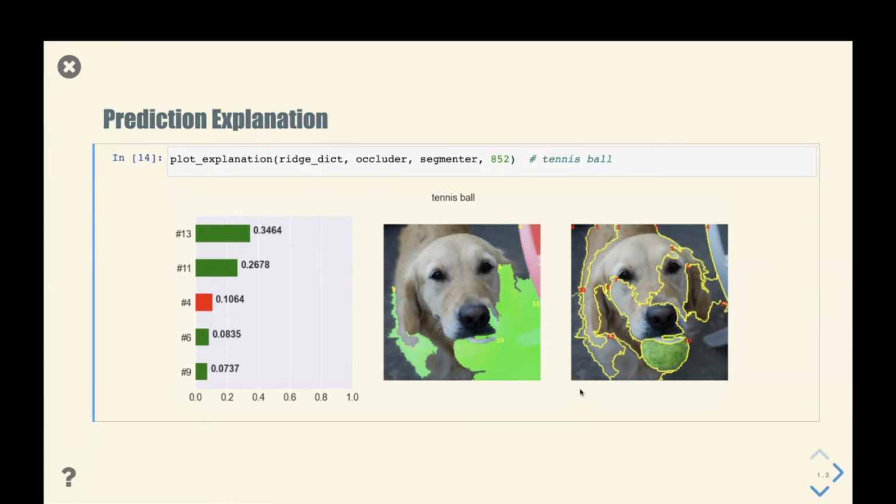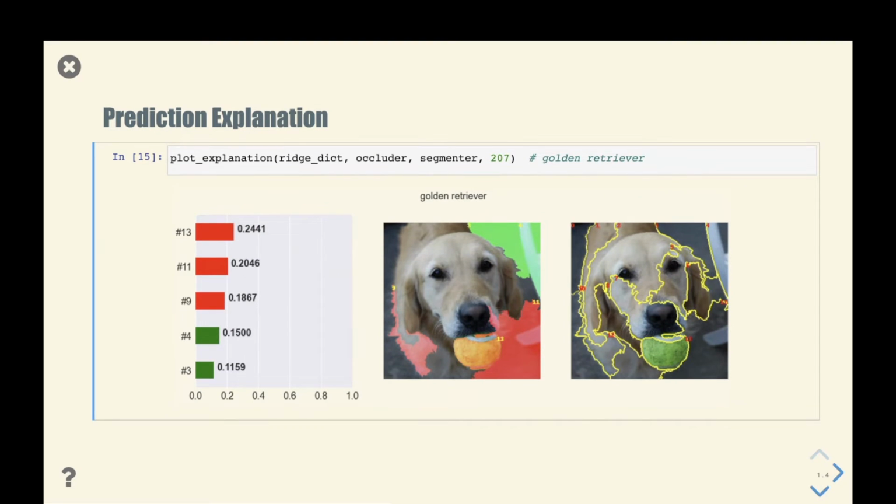And it tells us that for the prediction of a tennis ball, segment number 13, which is the tennis ball itself, has quite positive influence, followed by segment number 11, which is here to the right, then some negative influence from the background, and then again some positive influence from the dog's coat, more to the bottom left. That's pretty much okay, because the most important segment for predicting tennis ball is the part of the image that holds the tennis ball itself.